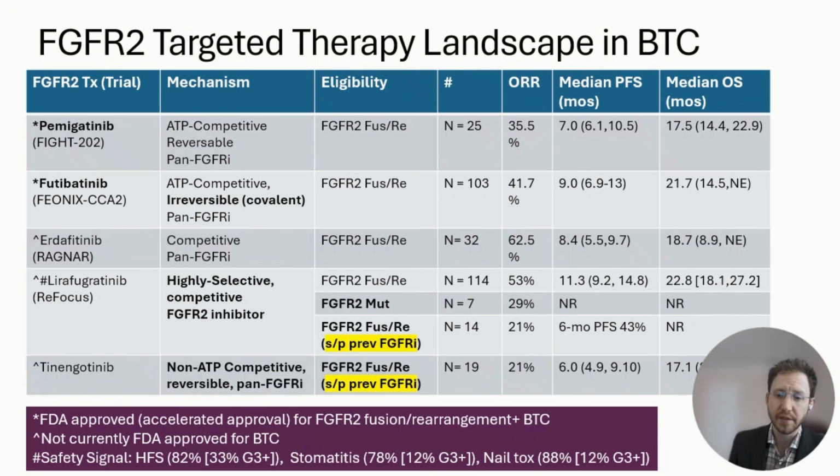You see that the median PFS and OS are slightly more favorable to futibatinib. I tend to be using futibatinib more, and that is because of its irreversible covalent binding mechanism that should hopefully address some primary resistance features that may be less responsive to pemigatinib.